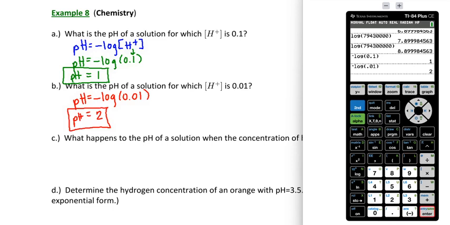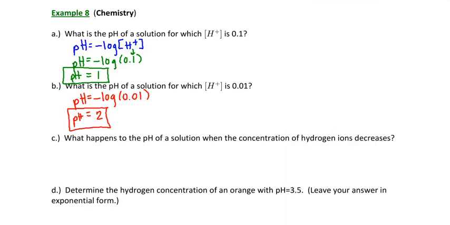With those two calculations in mind, what happens to the pH of a solution when the concentration of hydrogen ions decreases? Notice in the previous example, we went from 0.1 moles per liter to 0.01 moles per liter. So the hydrogen ion concentration was decreasing there. And notice the pH increased, right?